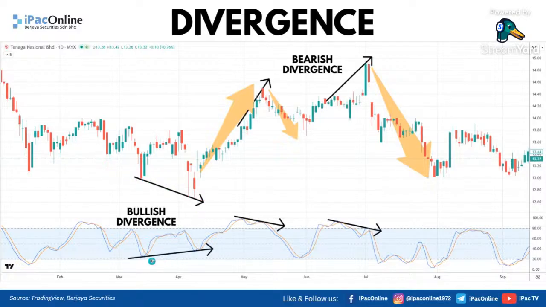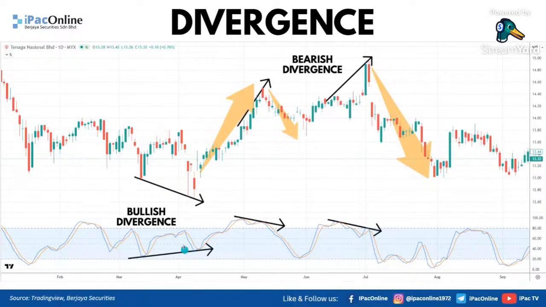But if we look into the stochastics right over here, you can see it still continues to trade lower. But as the price traded into a lower low in April, we are not seeing that happening in the stochastics.